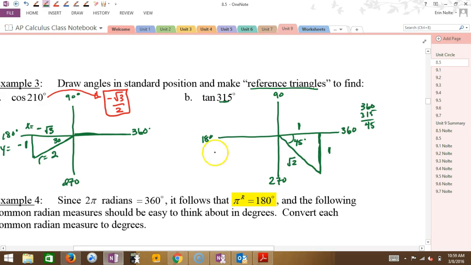Then on a coordinate grid, my x value goes to the right, so that's a positive 1, but my y value goes down, so that's negative. Now my triangle is all mapped out. Now I can do the tangent ratio, and tangent by definition is y over x, so I have negative 1 over a positive 1, which gives you negative 1.